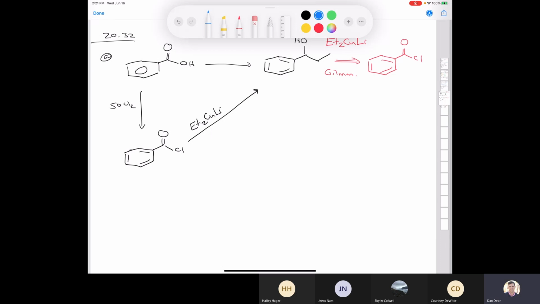I don't think that'll work, because the only time that we used tri-butoxy aluminum hydride is when we reduced an acid chloride.